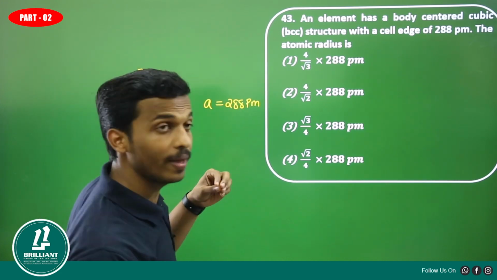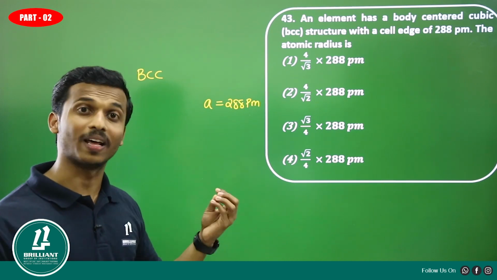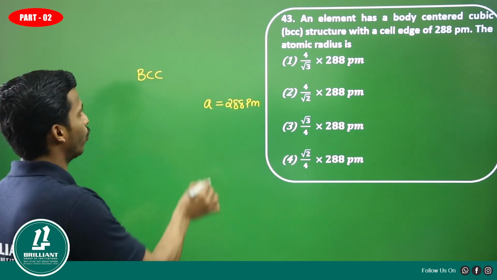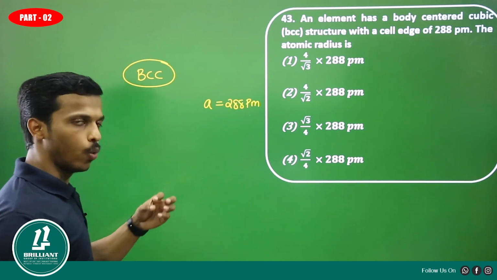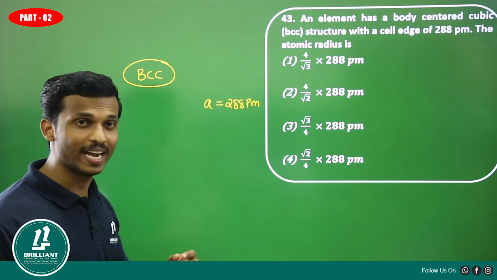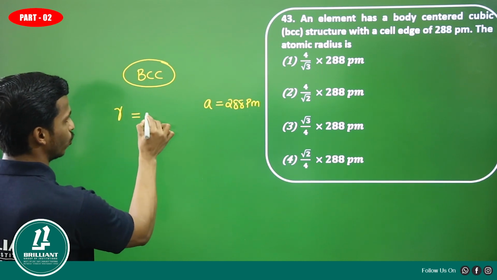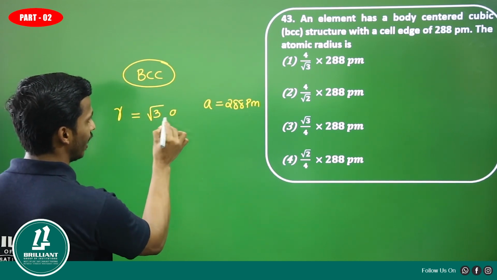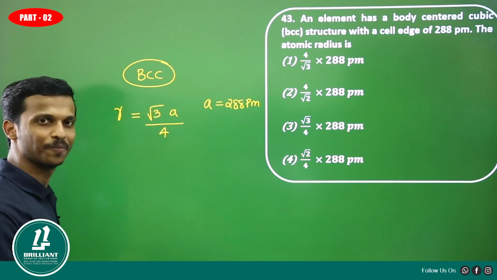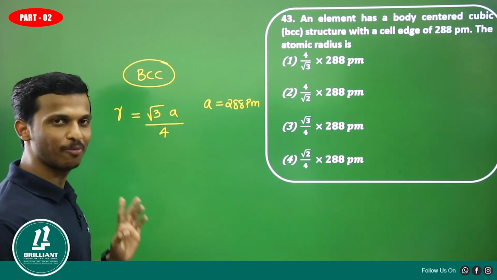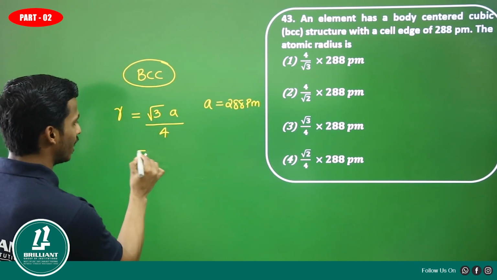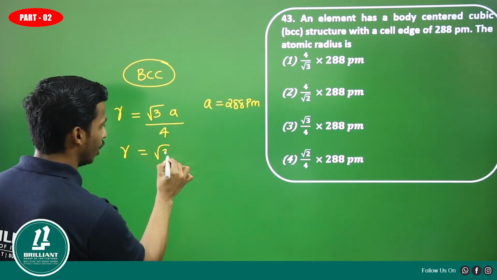We need to find the atomic radius. For a BCC system, what is the relation between radius and edge length? Radius is equal to root 3a divided by 4. Already given, what is a? Root 3 into, what is a?